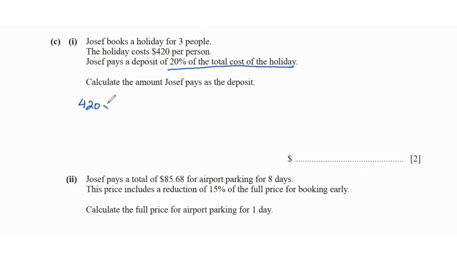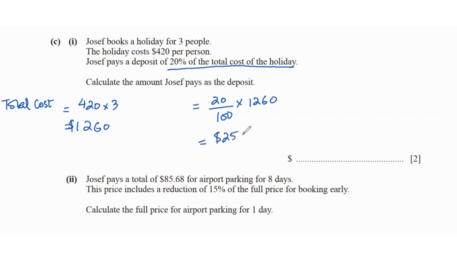So we do 420 times 3 first to find the total cost, which is going to be $1,260. He's paying 20% of the total cost. So 20% of the total cost is going to equal $252. So that is the amount that Joseph is paying as the deposit.